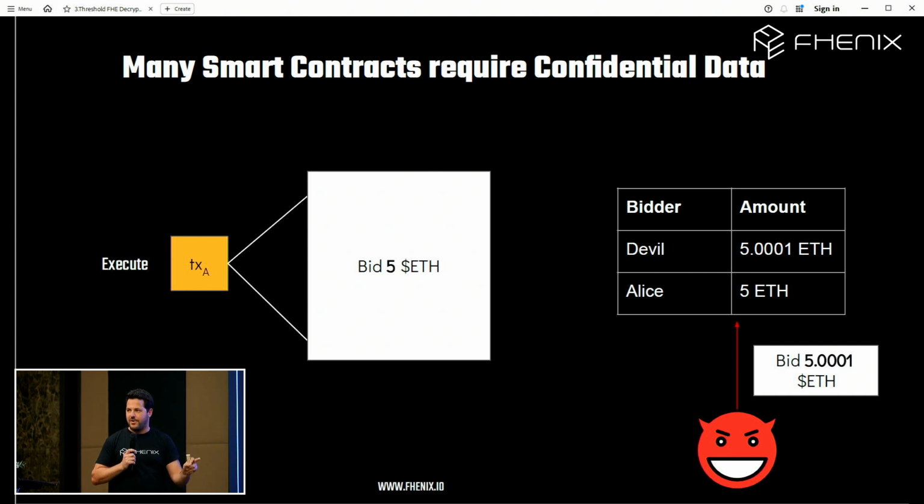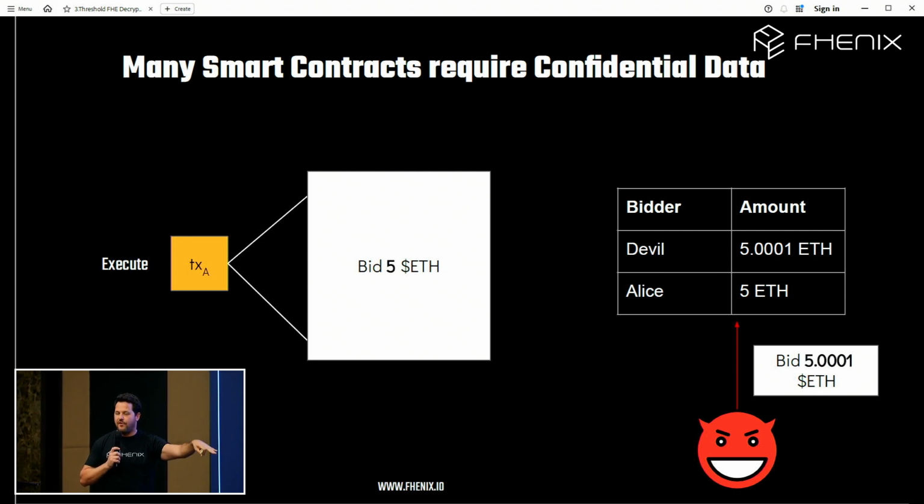To give a very simple example, this isn't necessarily the best example, but it's one that's easy for people to resonate with. Imagine Alice's transaction is an auction contract where she bids 5 ETH on some NFT. Because that's in the clear, some bad guy can come in at the very end, when she's already offline, and pay one additional wei just to get the NFT out of her.